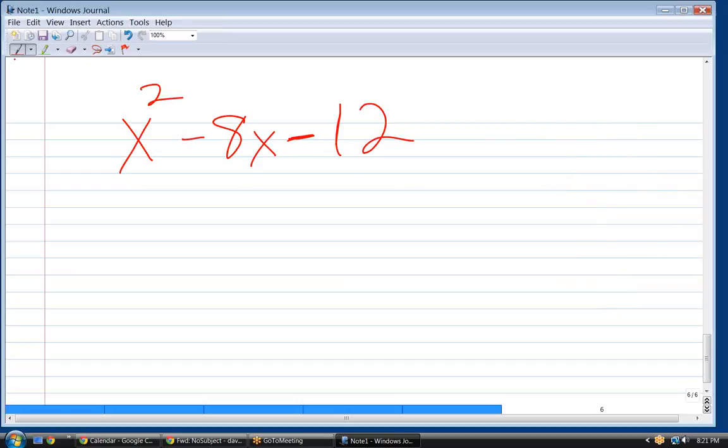But getting those signs, you don't want to make a mistake on the signs. And you never should make a mistake, because you always want to do that last check.